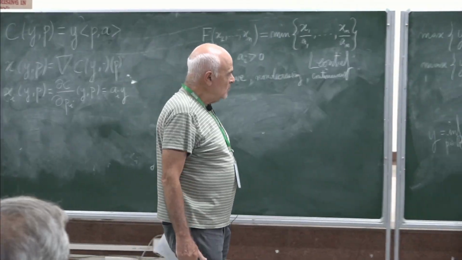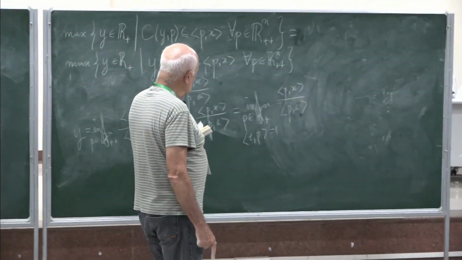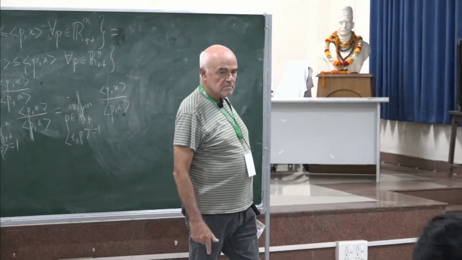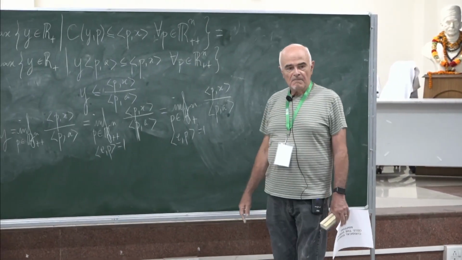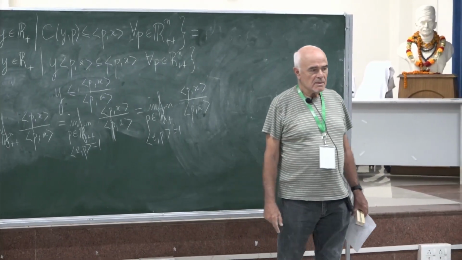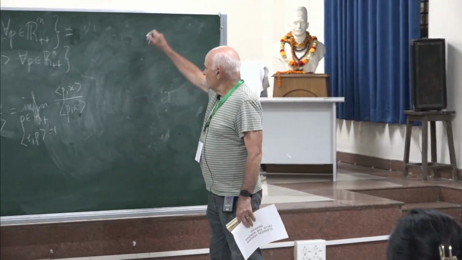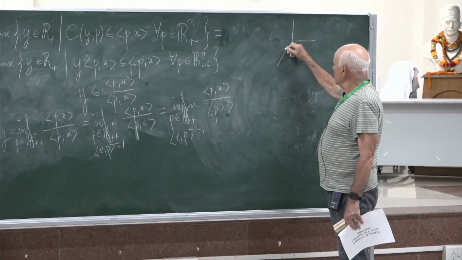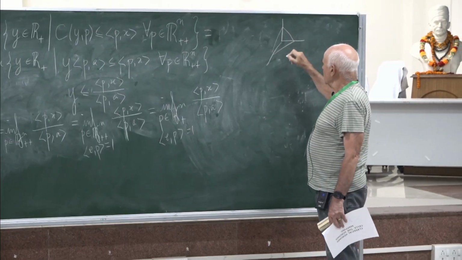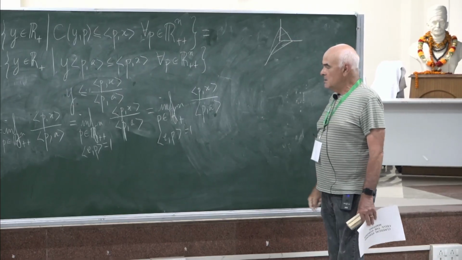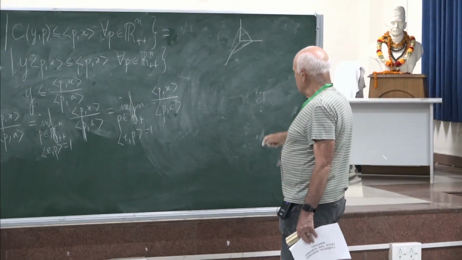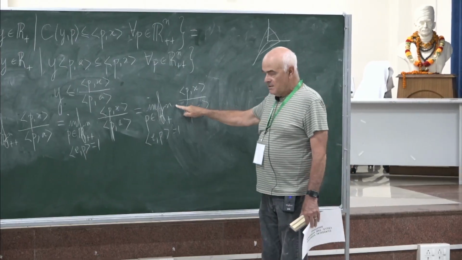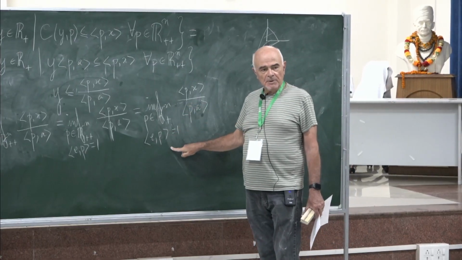Well, and now, how can you solve this problem once you have formulated it like this? So we are minimizing on this triangle, because this is R plus n intersection this hyperplane.